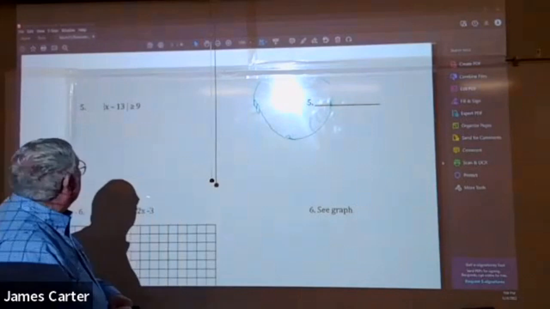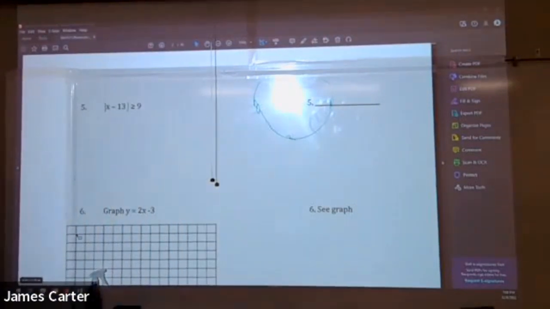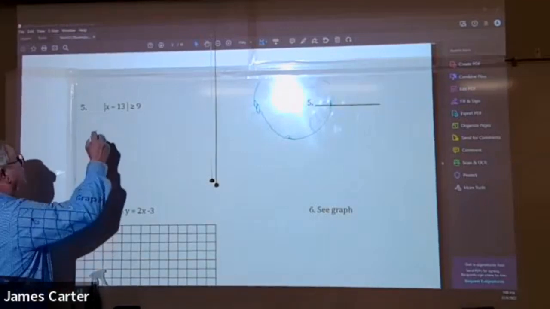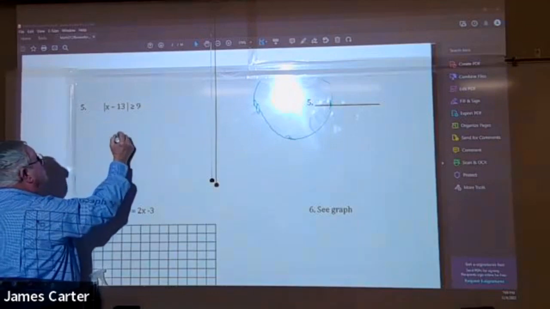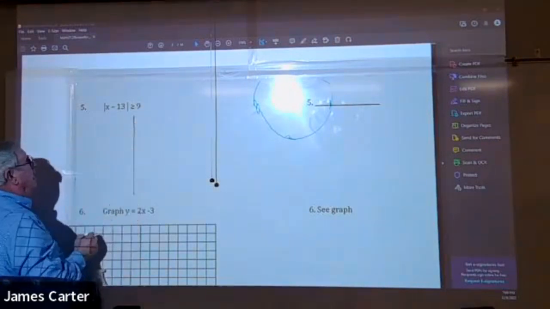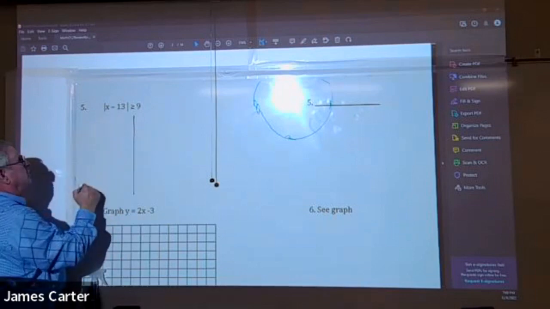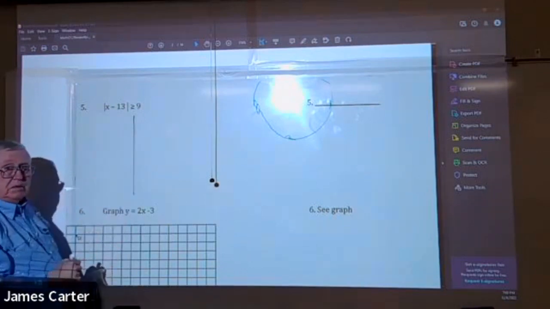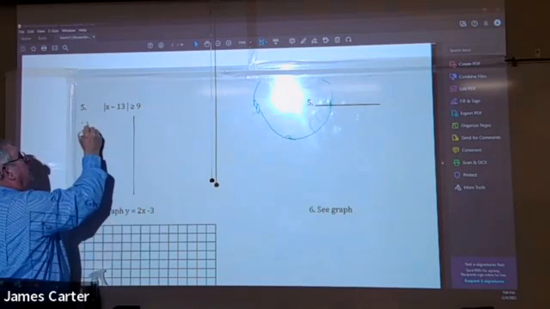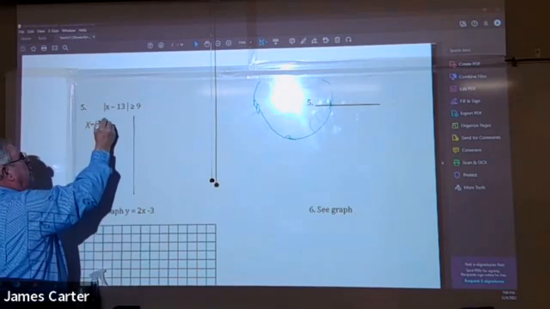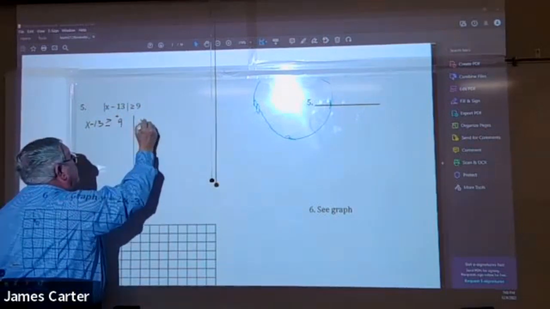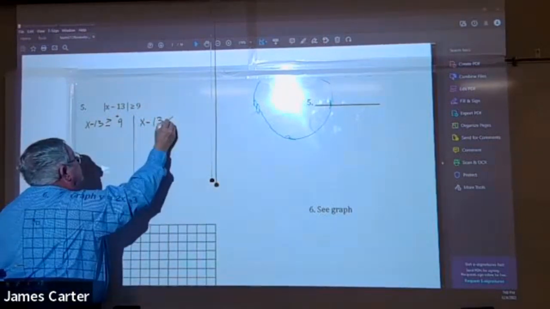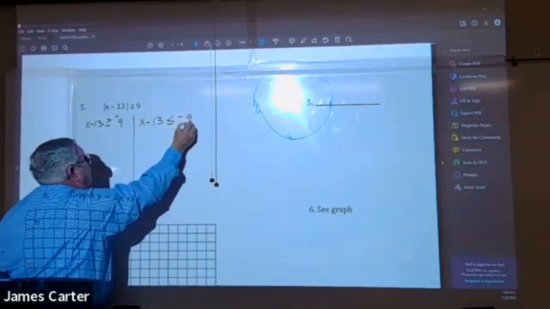I knew we had done an absolute value inequality, but in this one, we'll go ahead and start there. All right, so in this case, we're going to get rid of the absolute value, but that creates the two problems again. X minus 13 greater than or equal to positive 9, and X minus 13 less than or equal to negative 9.